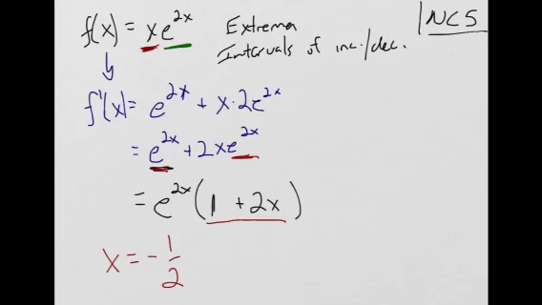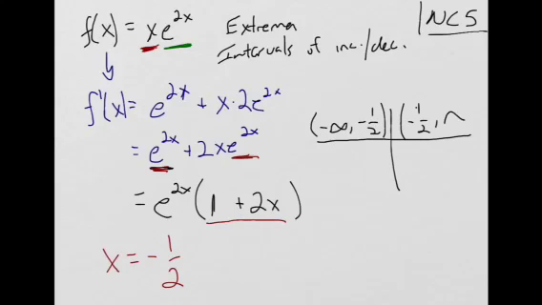That becomes my critical value. So I'm going to make a little chart for myself. I'll go from negative infinity up to negative 1/2, and then from negative 1/2 up to positive infinity. I should label that this is x and this is f prime.